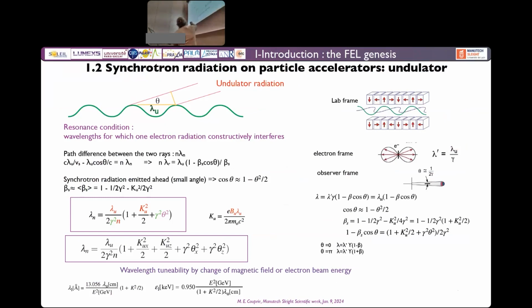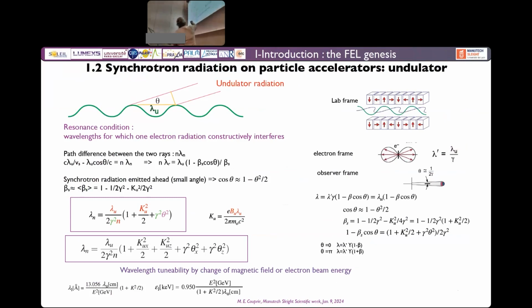So we have the resonant wavelengths for the harmonic of order n, which depend on the undulator period lambda u, and the deflection parameter Ku, which is proportional to the peak field and lambda u. I put in red what relates to the undulator field, and in green what relates to the electron beam. So the wavelength depends as the inverse of the square of the electron beam energy.